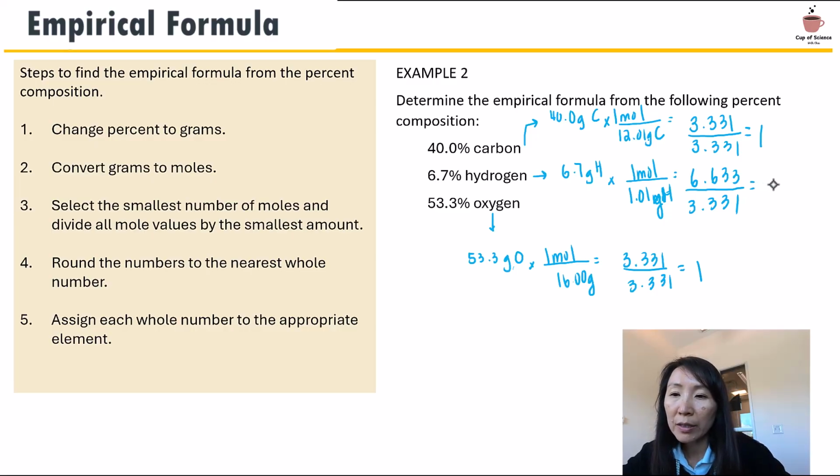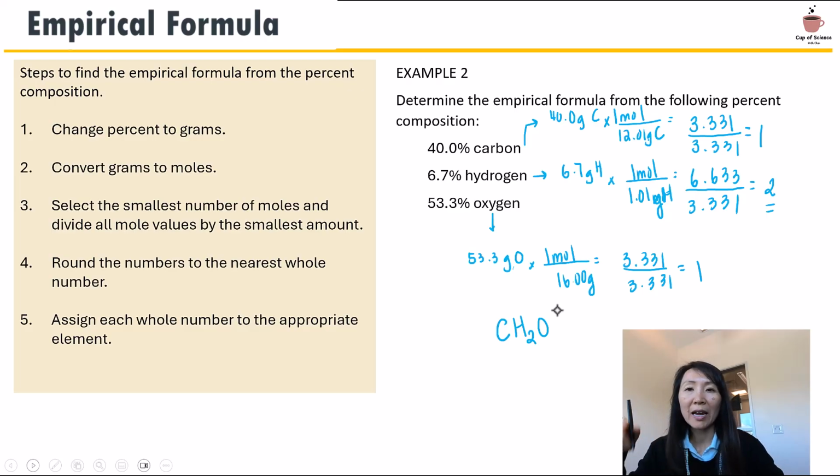And the next one is actually approximately 2. So what does that mean for the empirical formula? There's 1 carbon, so I won't write 1, we'll just leave it as carbon. There are 2 hydrogen based on the calculation, and for oxygen, there's 1. So it's CH2O, and this is your empirical formula.